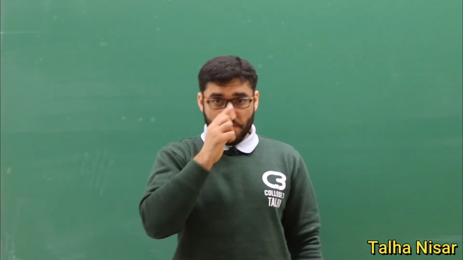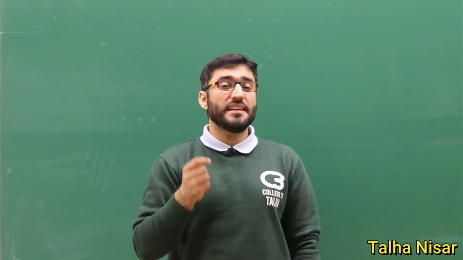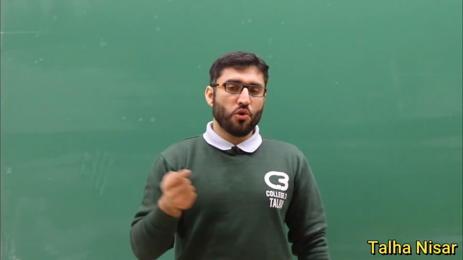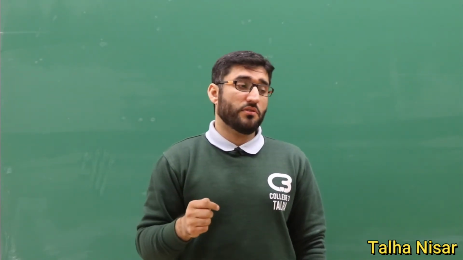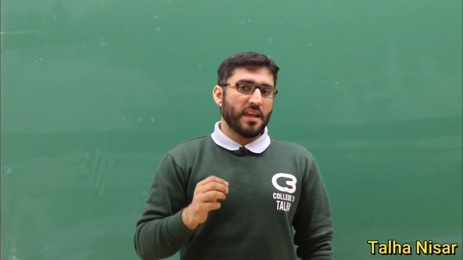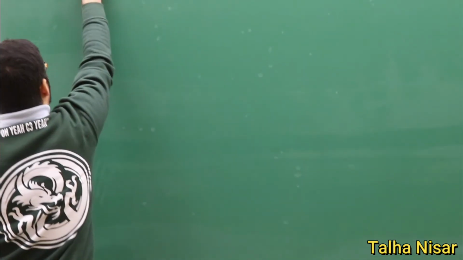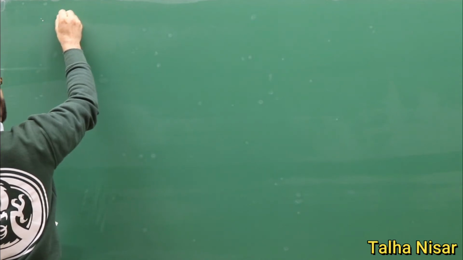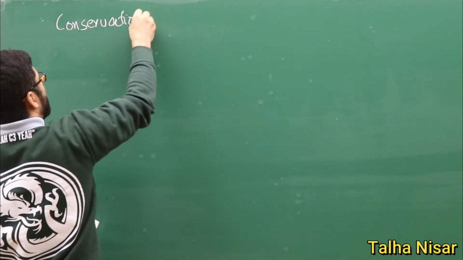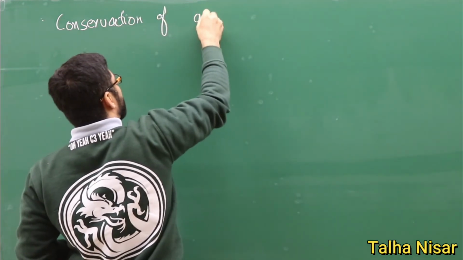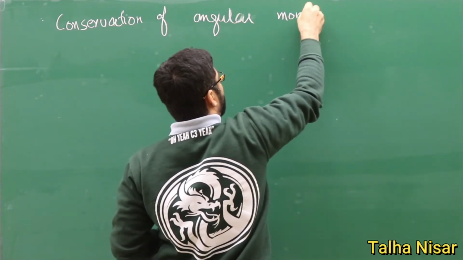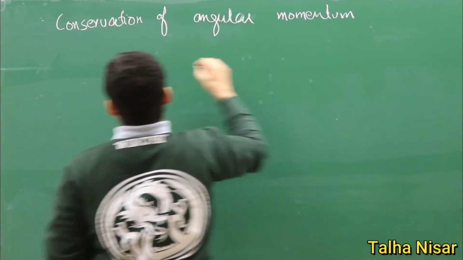So now, as we have already talked about the angular momentum, we know that the linear momentum is conserved if there is no external force applied on a system. The same thing is true for the angular momentum. So we have a similar law, which is the conservation of angular momentum.